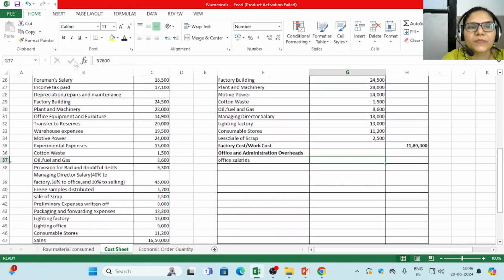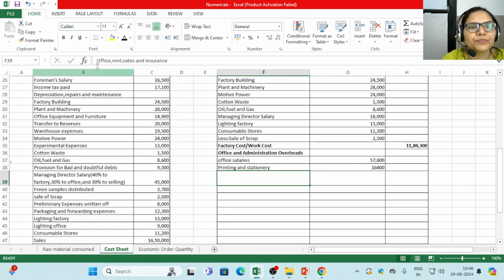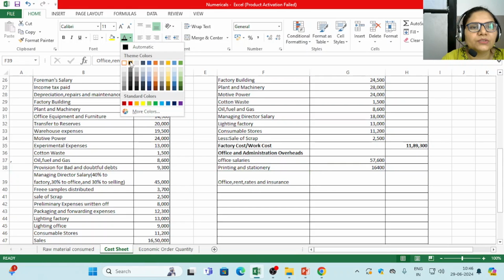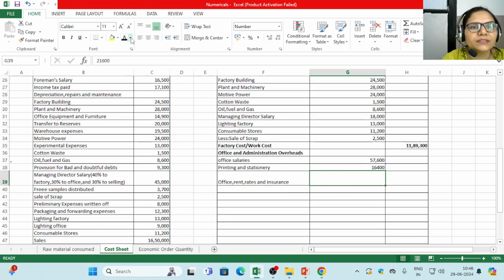57,600. Next is printing and stationery, which is rupees 16,400. Next is office rent, rates and insurance, which is rupees 21,600.